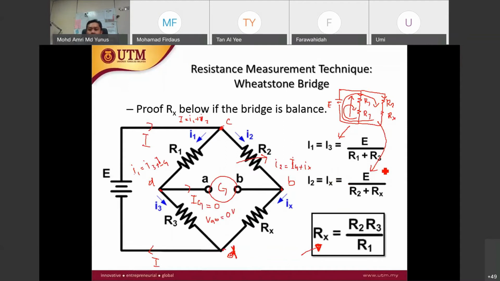So, when you know I1 and I3, and then I2 and Ix, how do you work until you get this equation?